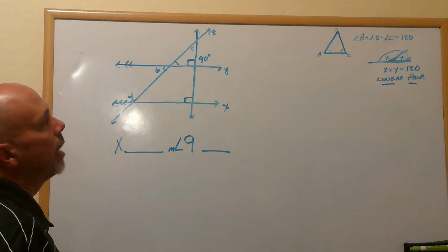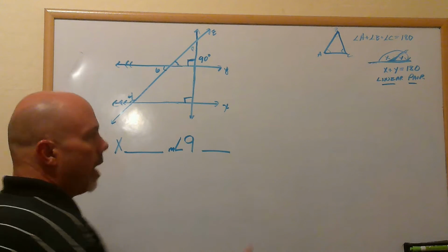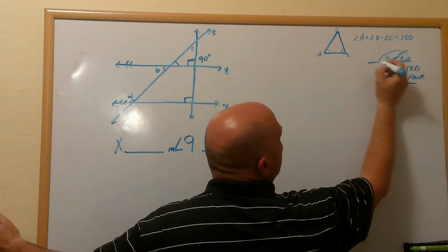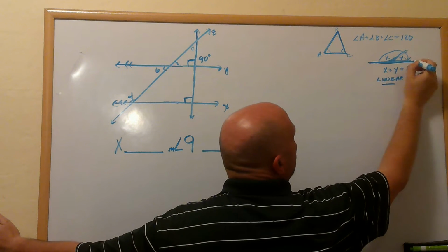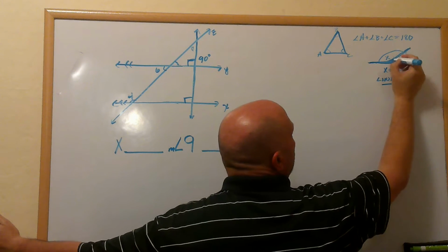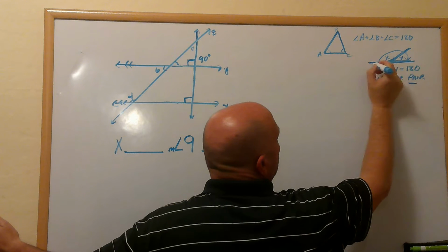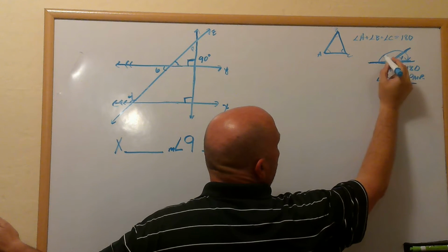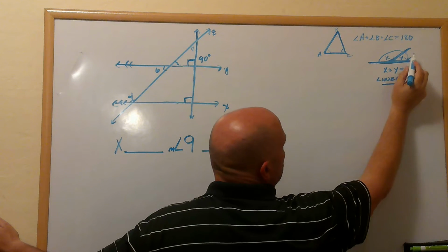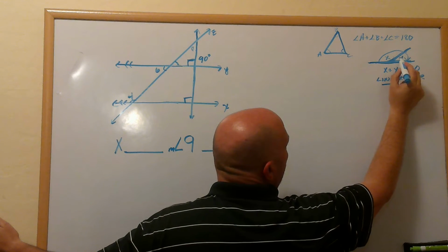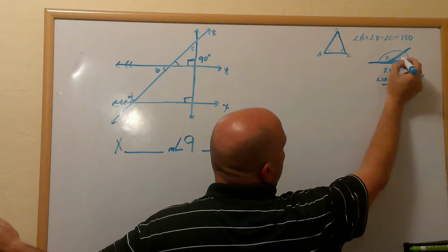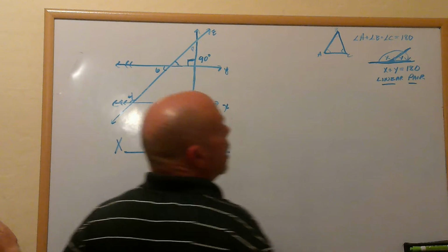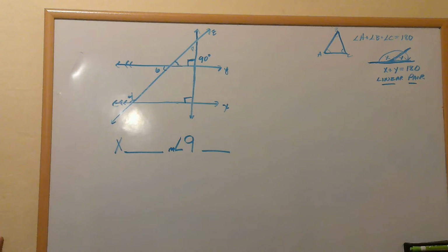So again, once you have two of the three, you can just add them together, subtract that from 180 to get the third. The other angle relationship is linear pairs. When we have a straight line and then another line creating an angle, the angle created on this side is represented by x, plus the angle on the other side of that line, represented by y, and x plus y is equal to 180.